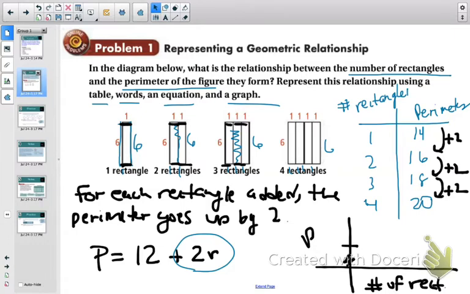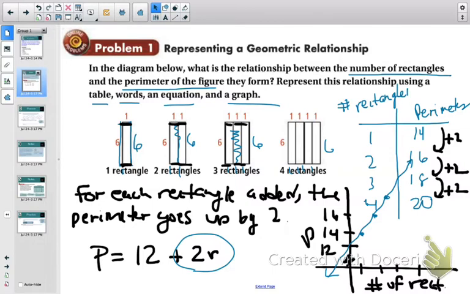And I'm going to start here at 12, 14, 16, and so on. 1, 2, 3, 4. So when you have 1, you're at 14. At 2 rectangles, you're at 16. 3 rectangles, you're at 18. And so on. And it forms this straight line here, which apparently I can't draw straight with this, but imagine that's a straight line. So that's linear.